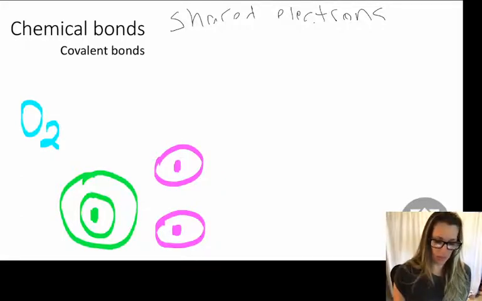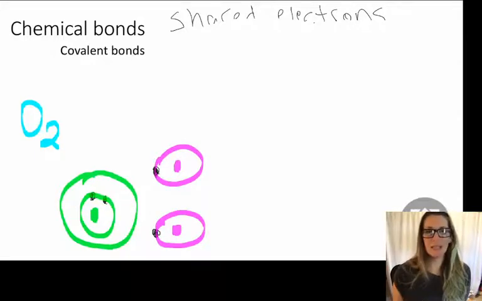I always thought it looked like Mickey Mouse. But remember, we've just got one lonely little electron in our hydrogens. Oxygen, it's got two here, but then it's going to bond two hydrogens. So just knowing that, you can probably guess we need to get to 8. So how many?